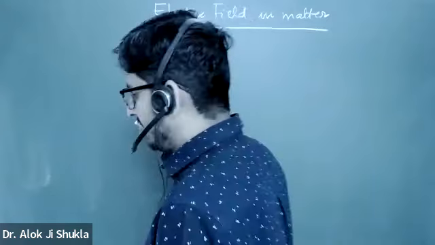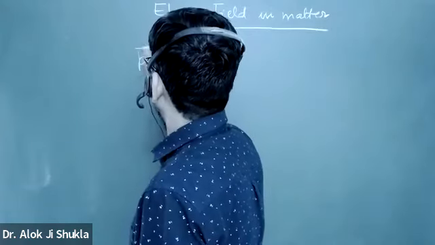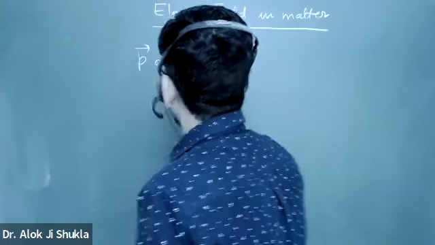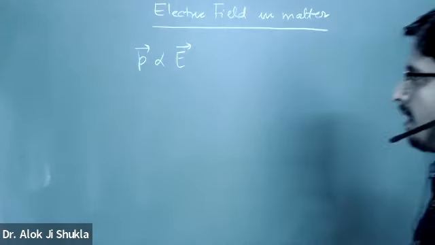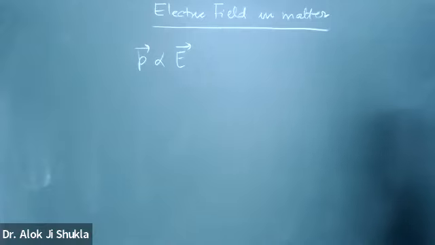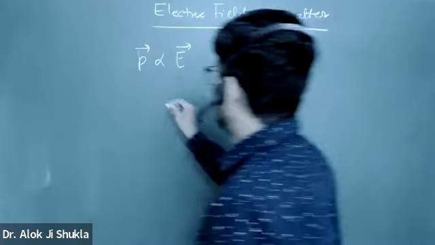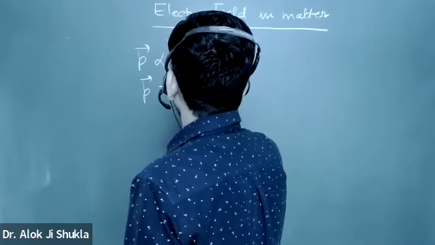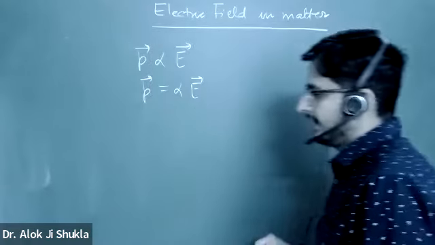Suppose there is a sphere and P is proportional to E, so P is equal to alpha E. This was our calculation, right?